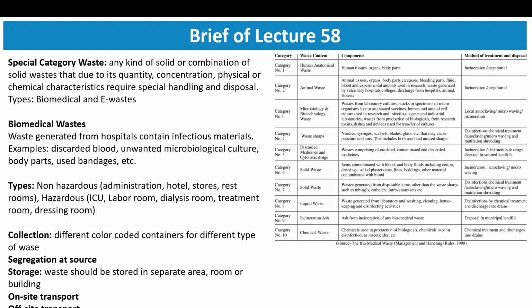Because the waste might have different properties, and different ways might be required to deal with it. So what you need to do is separate or segregate all this waste at the source itself, so that it will be easier to handle further.